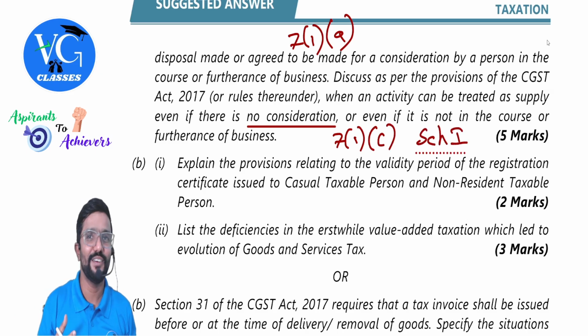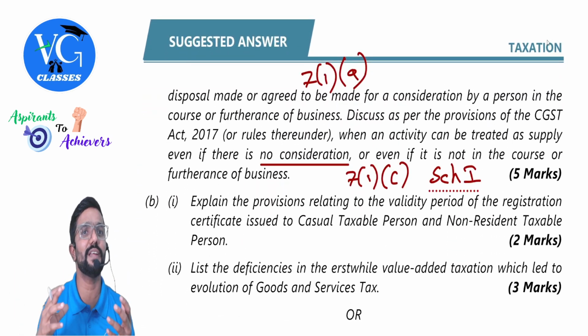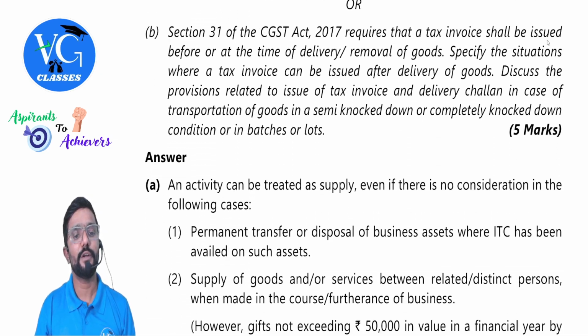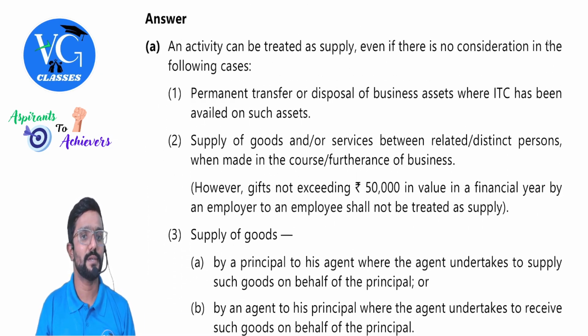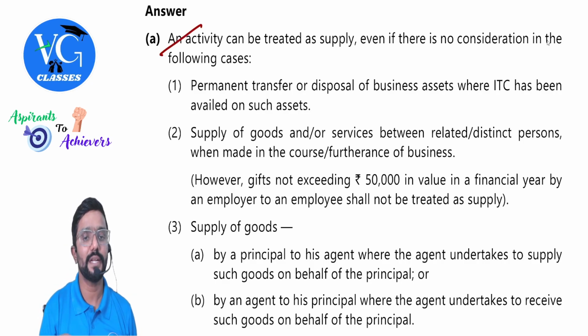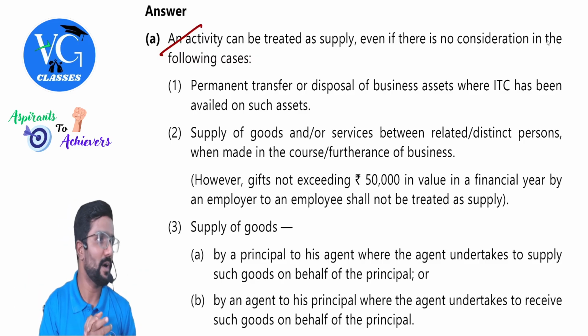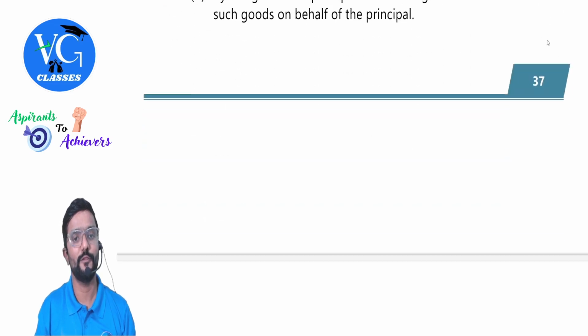They could have straight away asked for the full story, the first paragraph. Later they told, tell me which are the cases where it is supply even without consideration. So you need to explain para 1, 2, 3, 4 of Schedule 1. Better you mention it, they have not given the section number. As per section 7.1c, read with Schedule 1 of the CGST Act, then explain all the 4 paras.